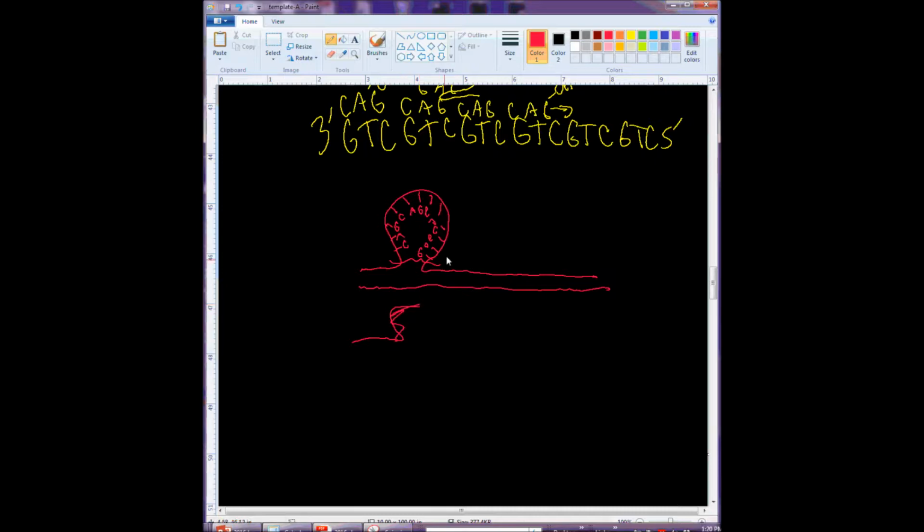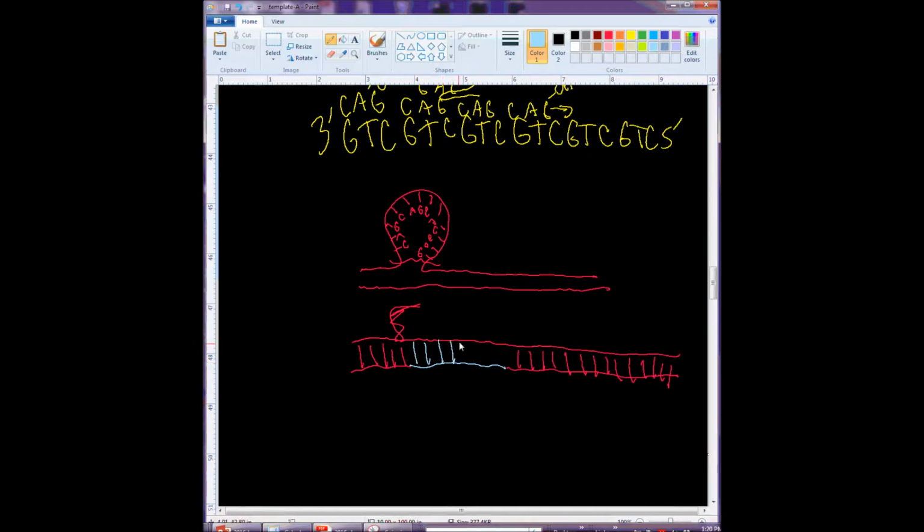And I'm going to do that by drawing that in blue. And I'm going to make it a little longer. Okay, so we just added some more bases that complement those.